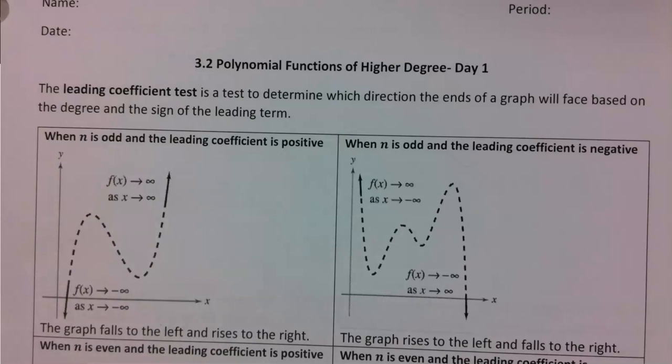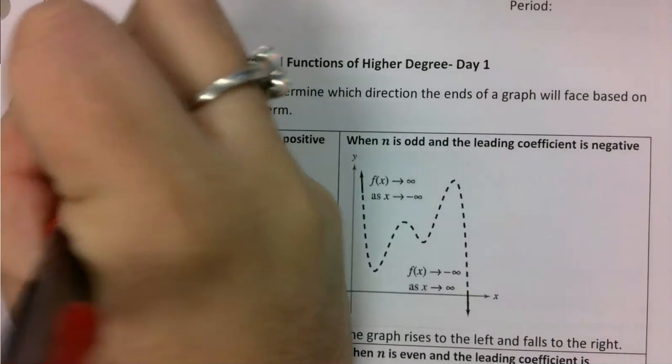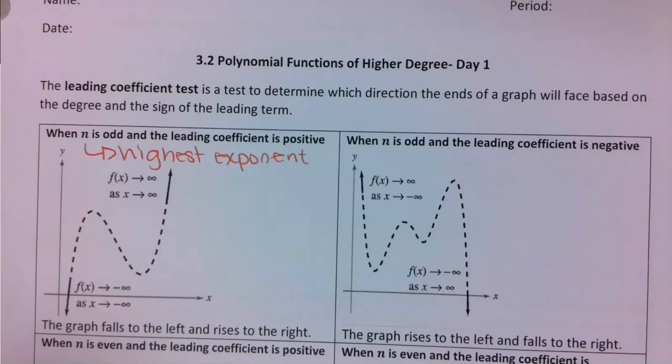So what we look at when we're looking at the leading term is I look at my highest exponent, so n is my highest exponent. And then I look at the actual number out front to see if it's positive or negative.